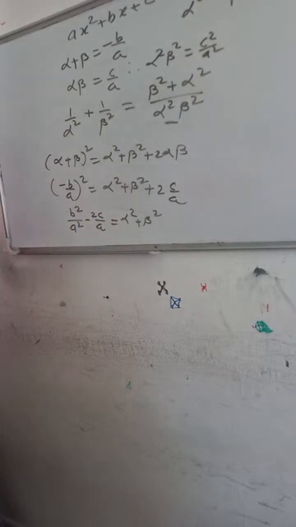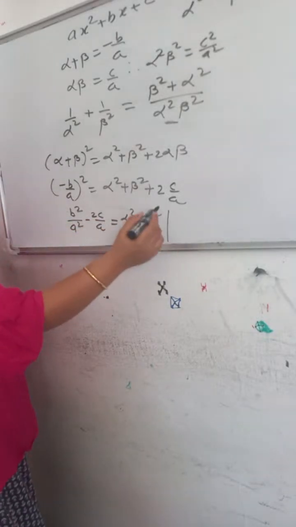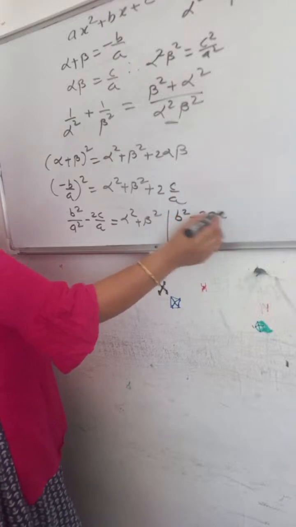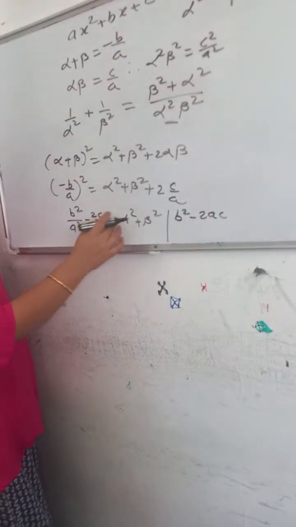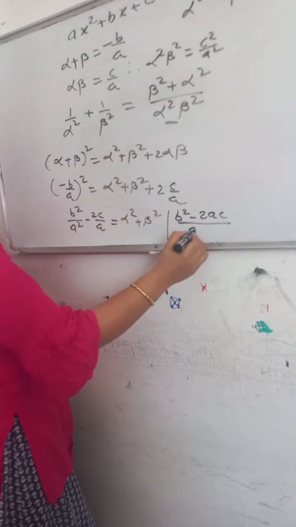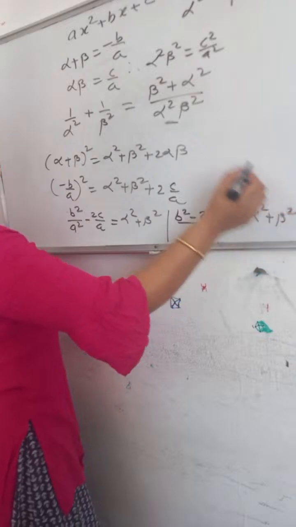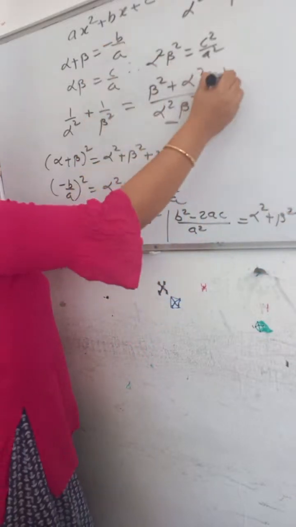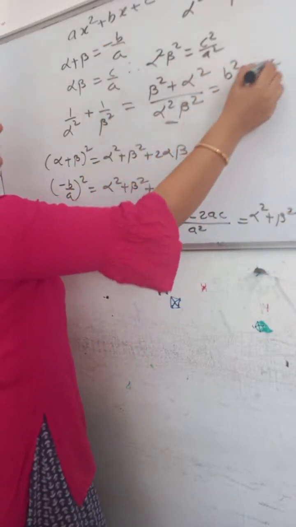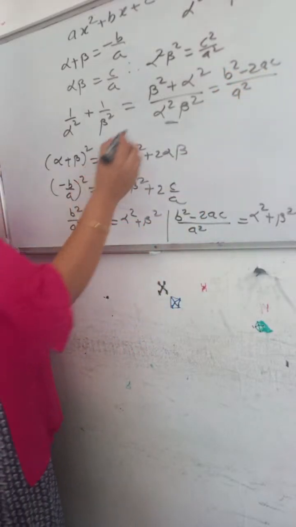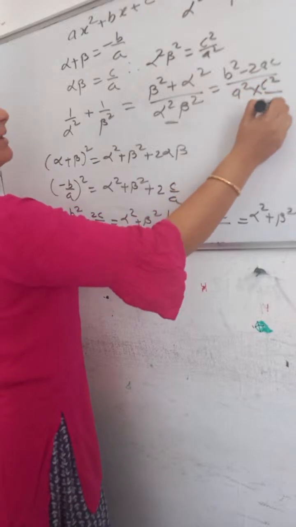Now take an LCM over here. So b square minus twice ac, multiplying a here and a there, it becomes a square, is equal to alpha square plus beta square. Now substitute the value: b square minus 2ac upon a square, and alpha square beta square is nothing but c square by a square.